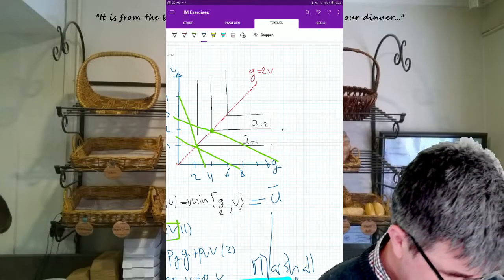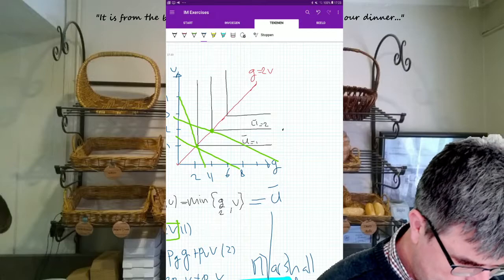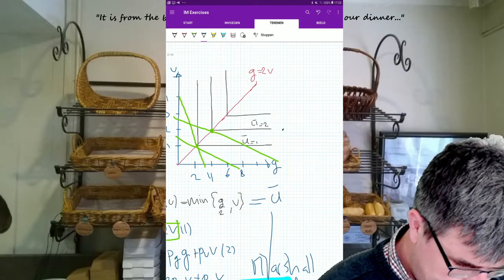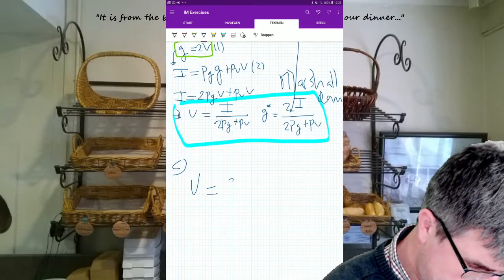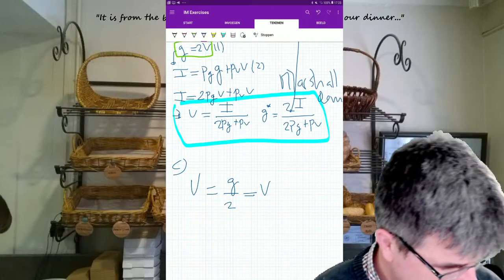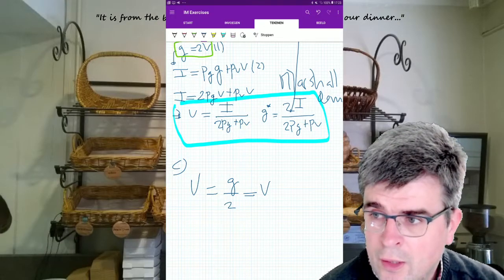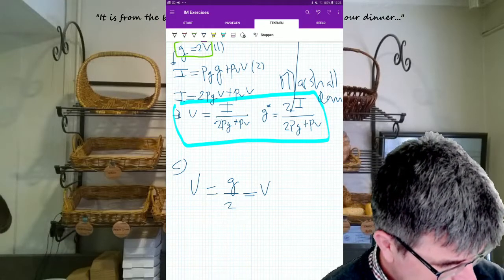So we know that our indirect utility function is identical to G over 2 or identical to V, because in equilibrium that amounts to the same thing.